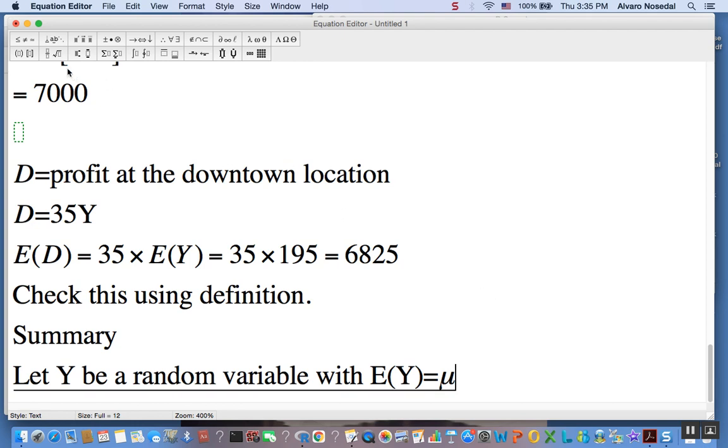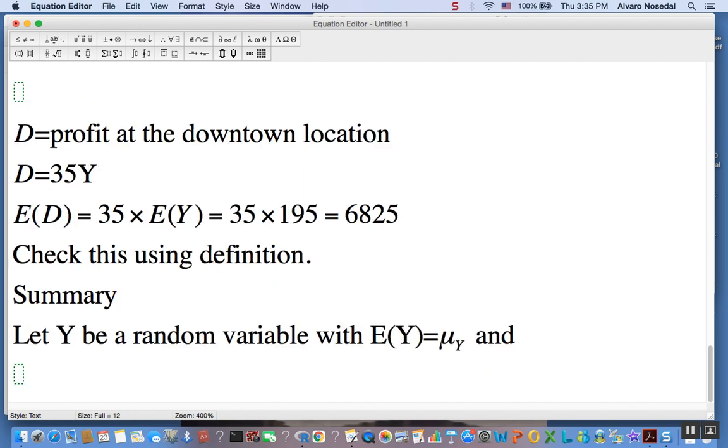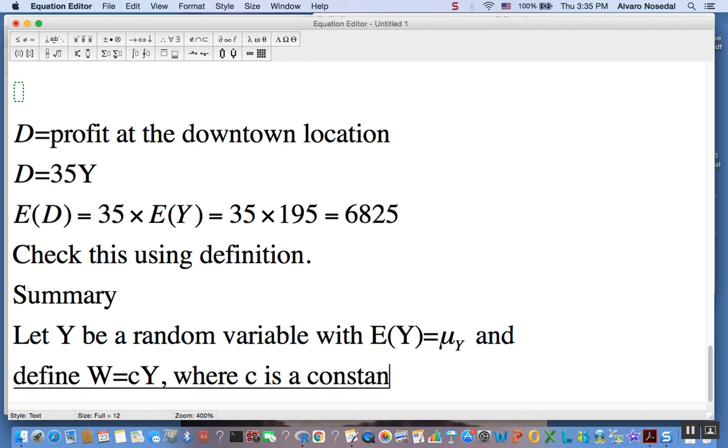And to be super specific, let me add a subscript here. That's the mean of that guy. Okay, so now we define a new random variable, w, and that w is going to be c times y. And I'm reminding you that that c is a constant, a number like 25 or 35.